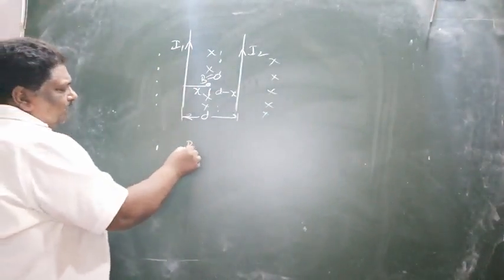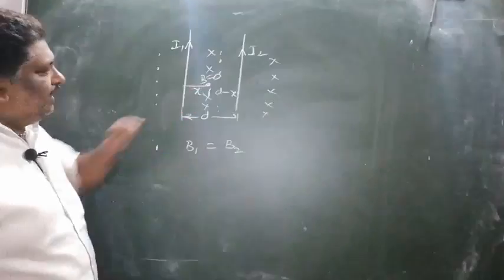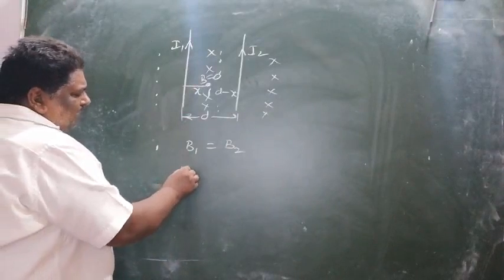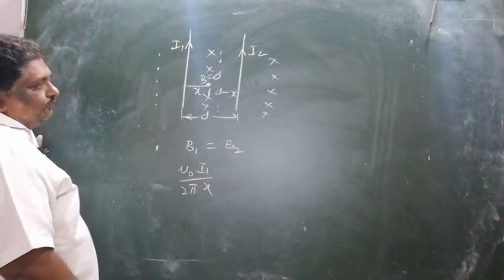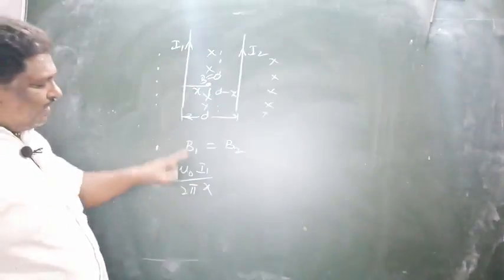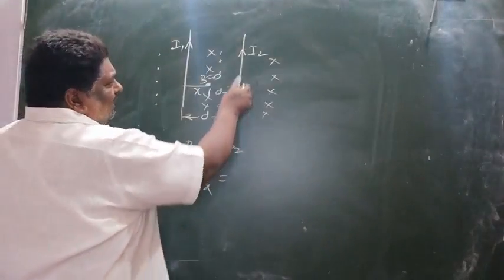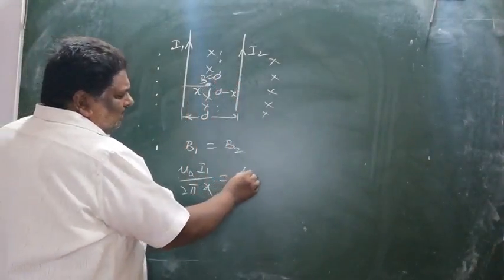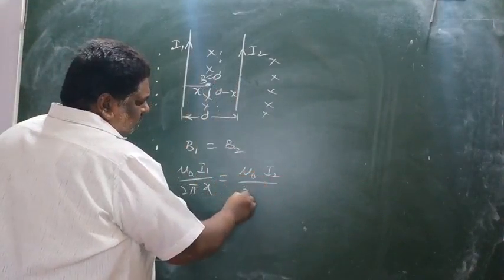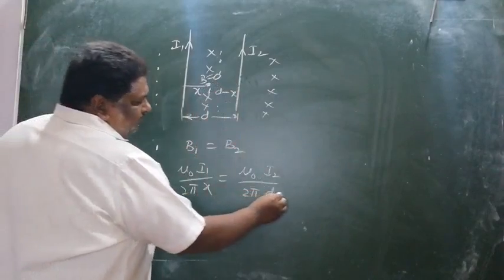Therefore, the first conductor's magnetic field equals the second conductor's magnetic field at this point. So B1 is mu naught I1 by 2 pi x. Due to a straight wire, what is the formula? Mu naught I1 by 2 pi x. Due to the second conductor, the magnetic field is mu naught I2 by 2 pi into (D minus x).